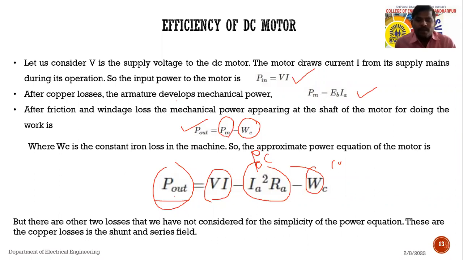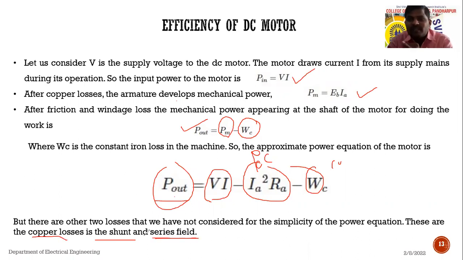For our simplicity we have not considered the other two losses, like the copper losses which occur in the field winding. We have not considered the losses that occur in the field winding, like copper loss in the shunt field winding. If there is a series field winding, then the copper loss in the series field winding.